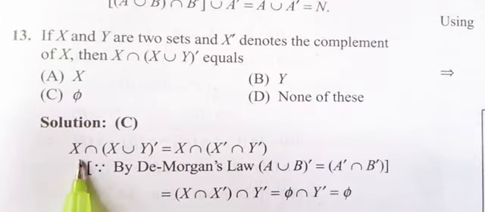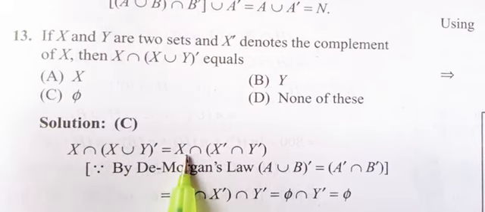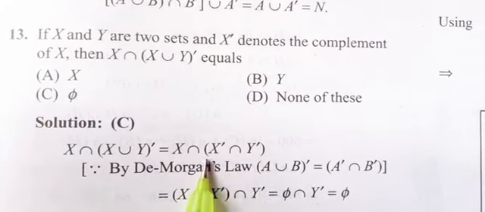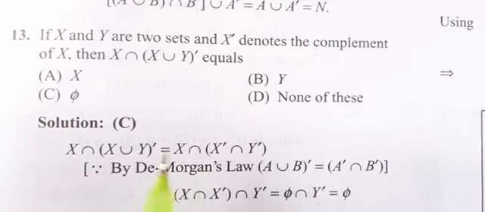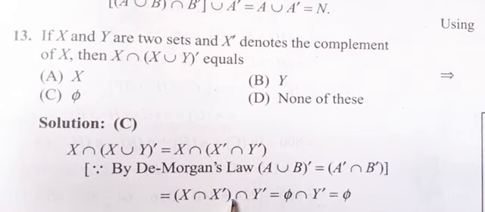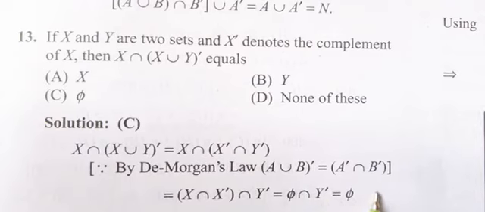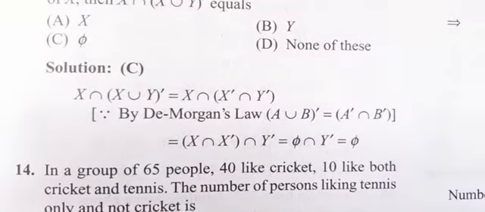Let us take the solution. x intersection (x union y) prime is equal to x intersection, by De Morgan's law, x dash intersection y dash. Using the distributive law, x intersection x dash is equal to phi, and phi intersection y dash is equal to phi. So option C is my correct option.